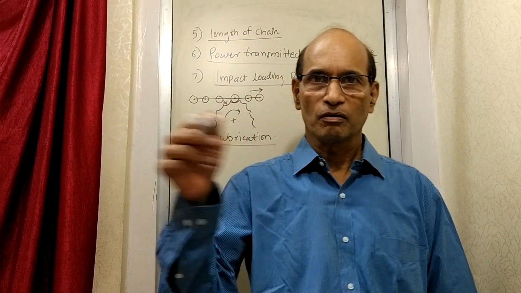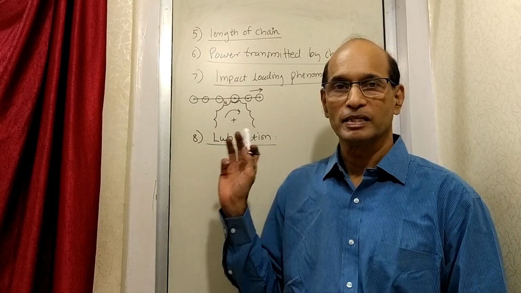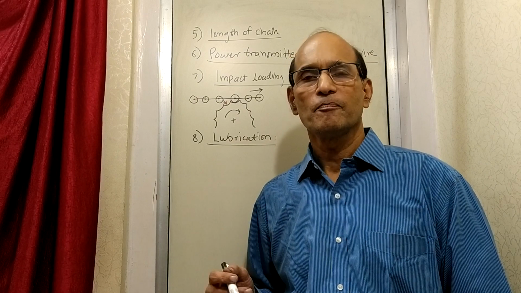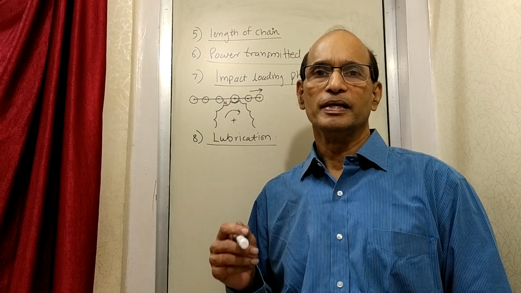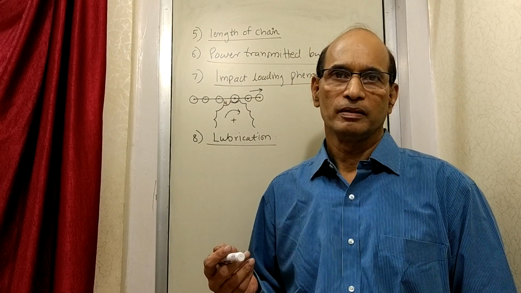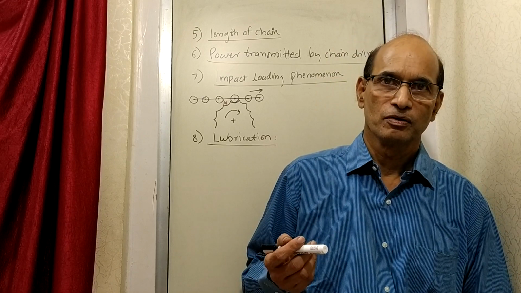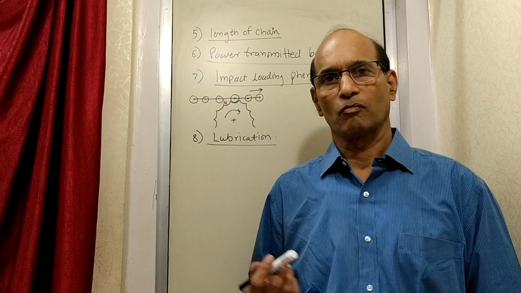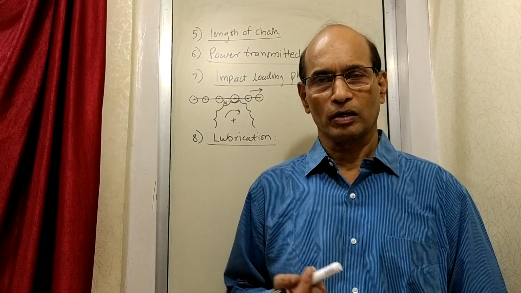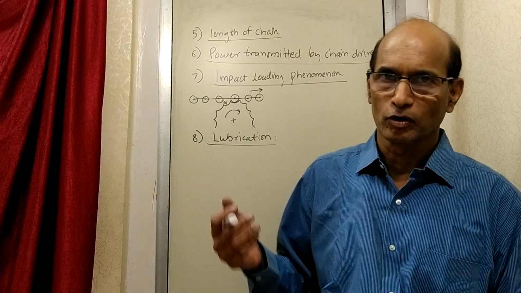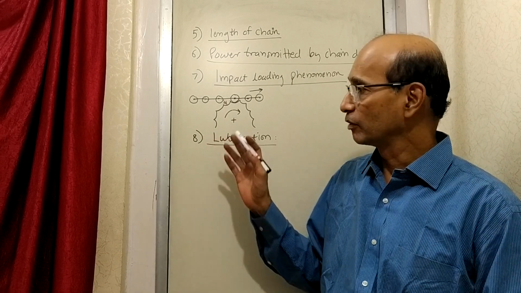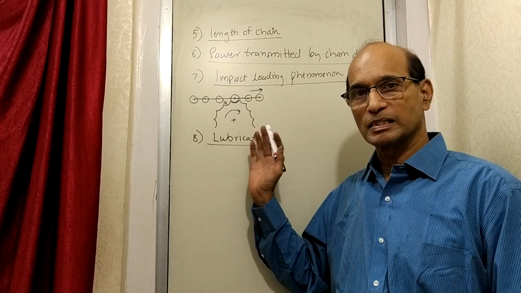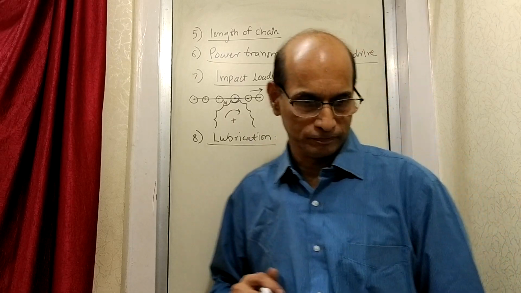In fact, you can continue further in the same point saying that belt drive needs high friction, hence lubrication is not required. Which is quite obvious, because lubrication will reduce friction. Belt drive requires as much friction as possible, so obviously there is no lubrication in case of a belt drive.